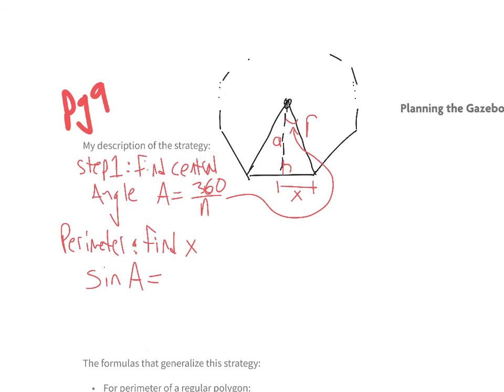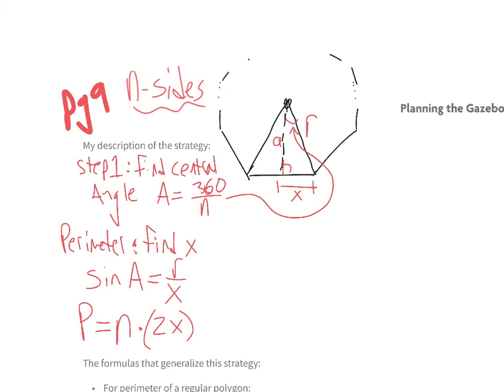The sine of the angle is R over X. Okay, and then to solve, once we can find that half side, the perimeter would be 2 times that half side times the number of sides. Okay, so note that we have n sides. That's important. All right, almost done here. So we have n sides, and then that's to find our perimeter.